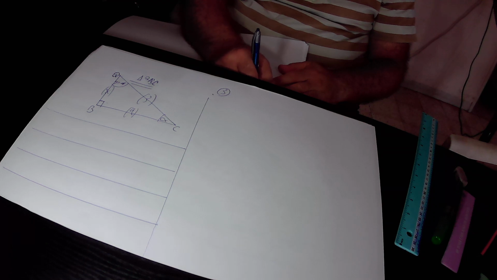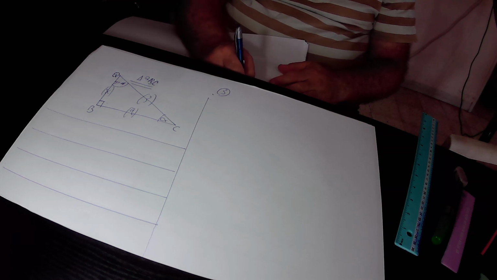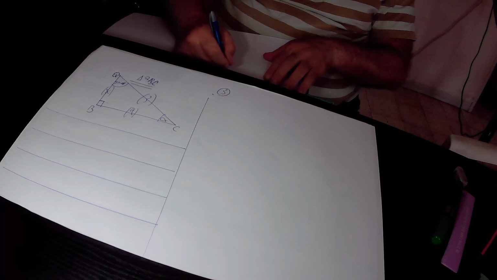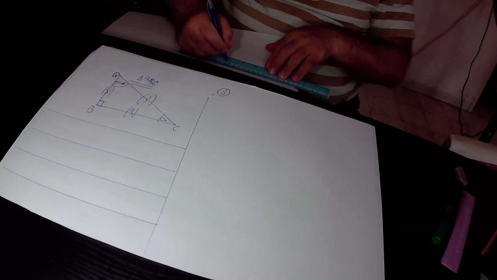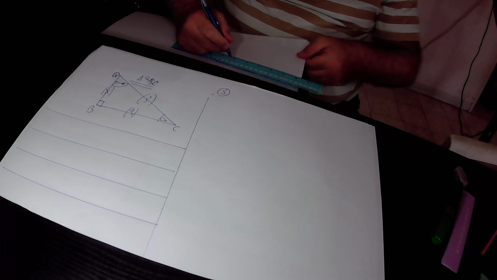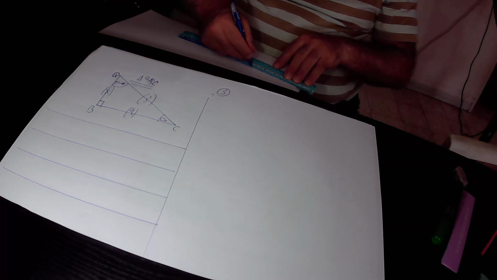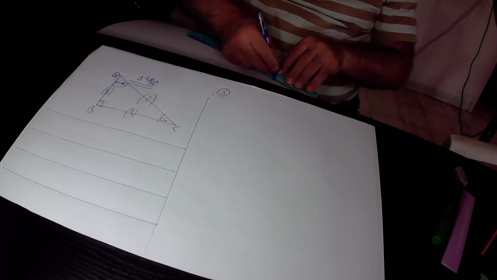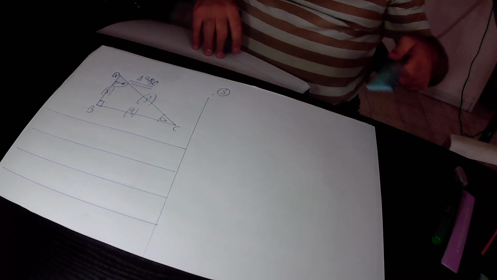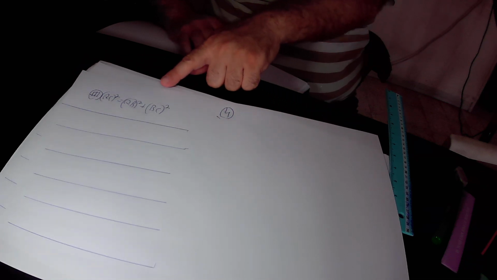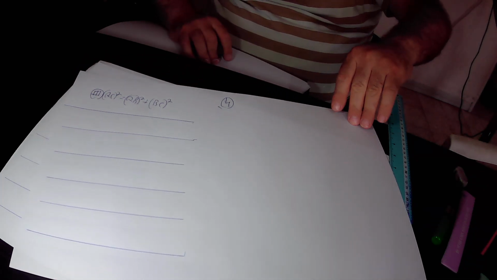QC squared equals QB squared plus BC squared.